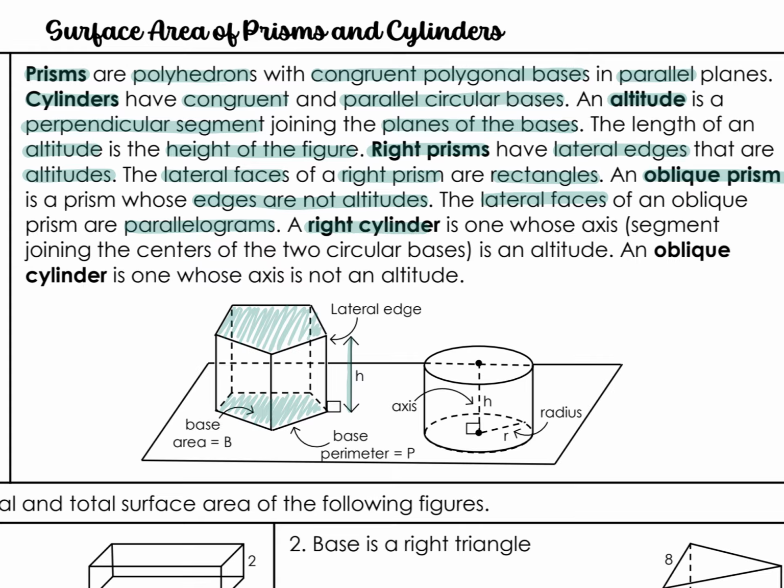A right cylinder is one whose axis, the segment that joins the centers of your two circular bases, is going to be your altitude. An oblique cylinder is going to have an axis that is not your altitude.